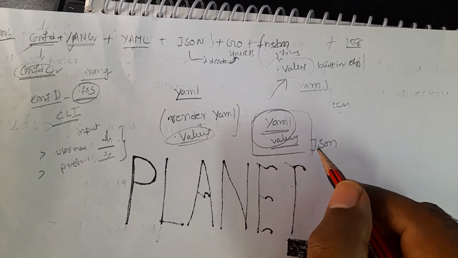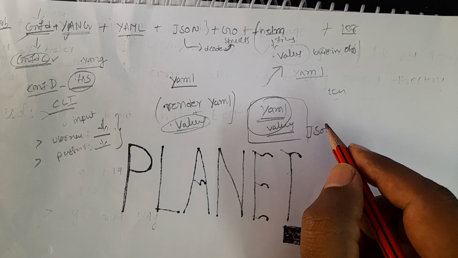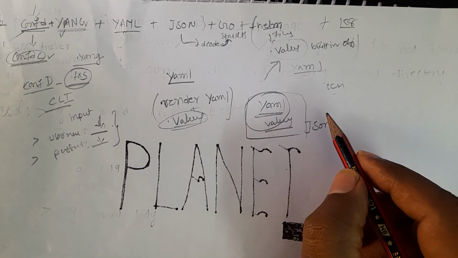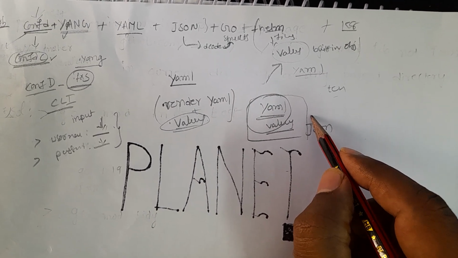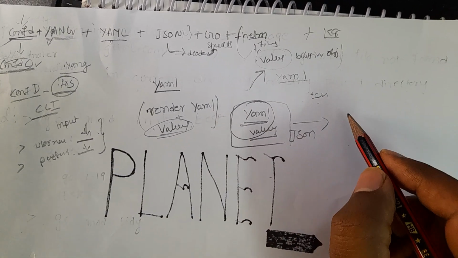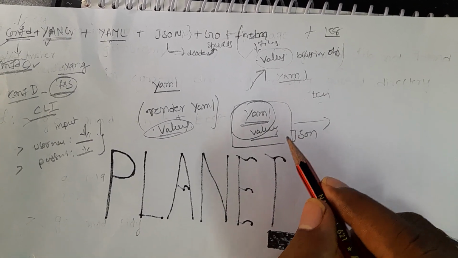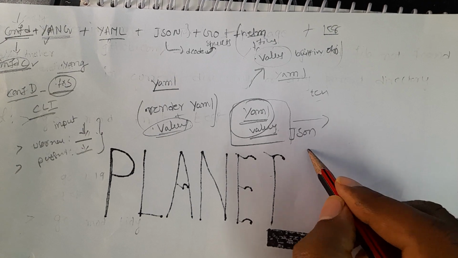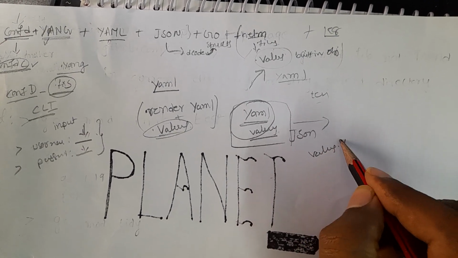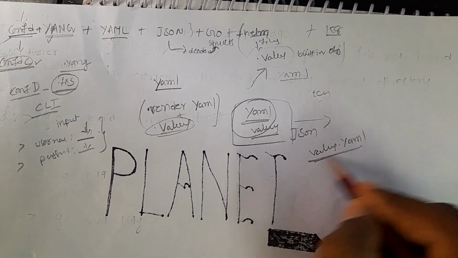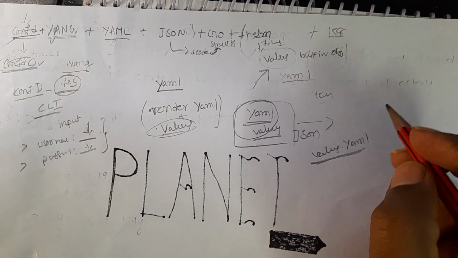YAML is a superset of JSON, right? So this will be available to Helm. So you can consider this as a values.yaml file. Okay, this will be considered as a values.yaml file, and this values.yaml is available.